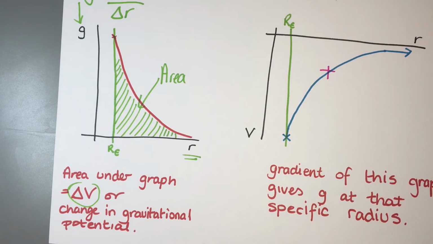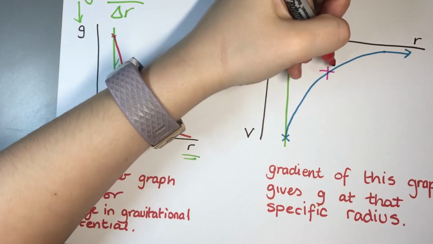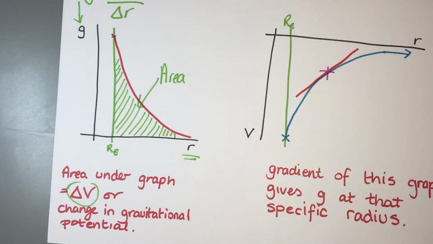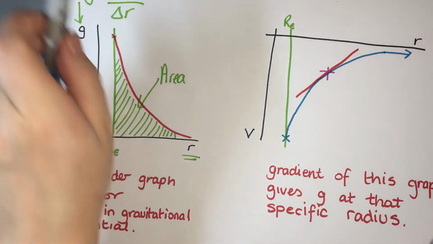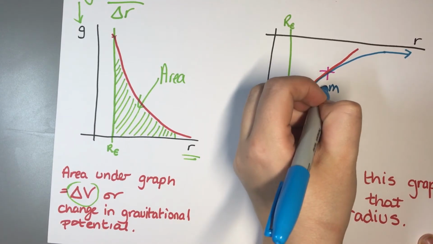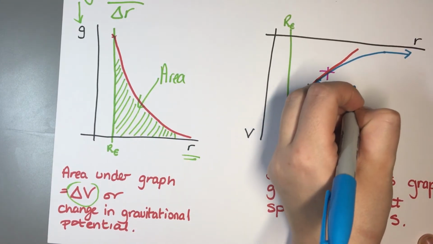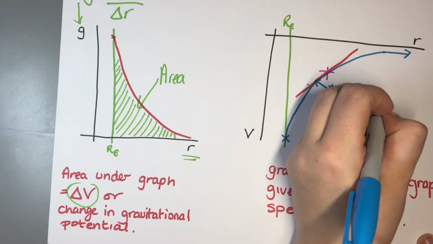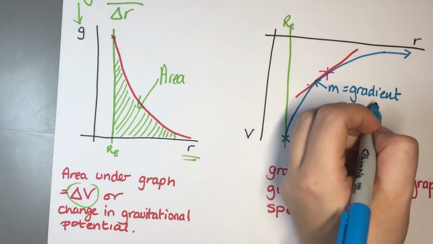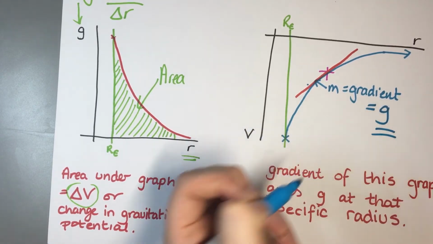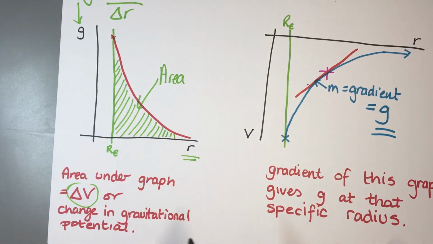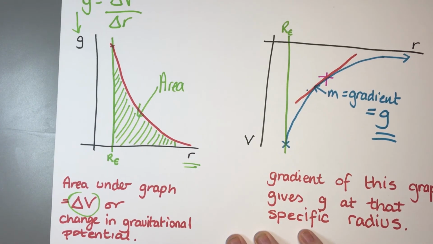You should have covered that in your required practicals, but just to recap, draw a straight line tangent. The gradient of this tangent at that specific point gives us the value of our g.